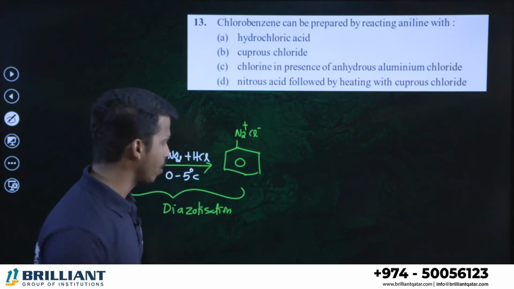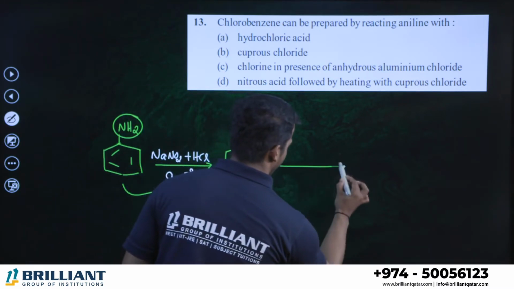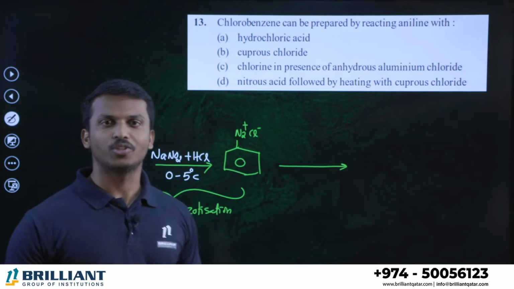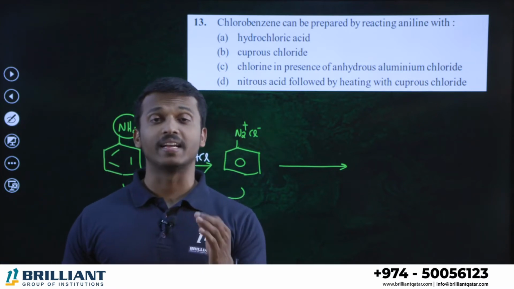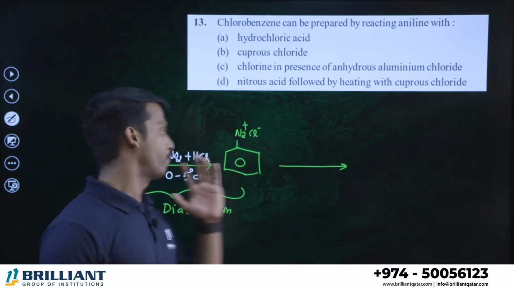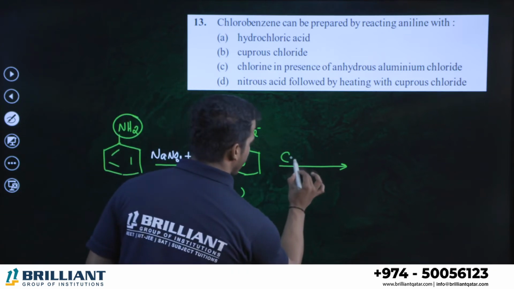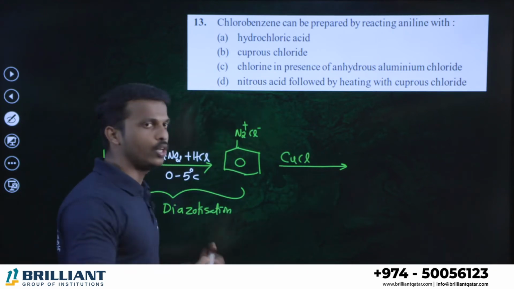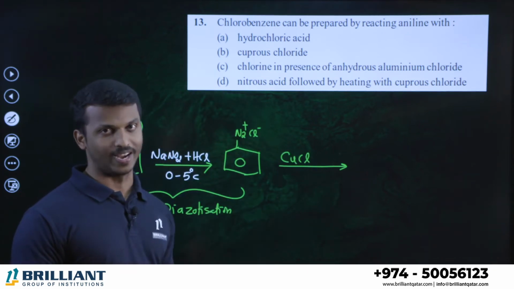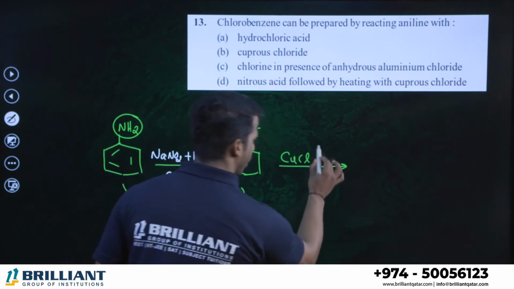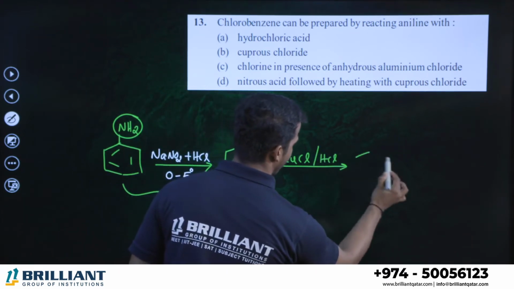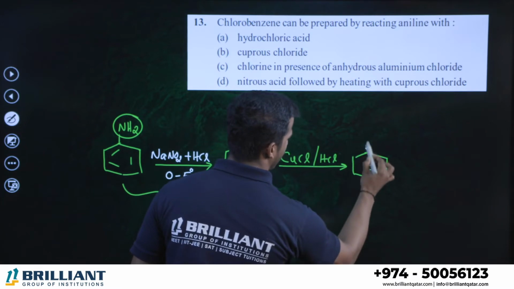Here we need chlorine. Okay, let's prepare. Two methods are there. You studied two very important reactions, Sandmeyer and Gattermann reaction. What is the Sandmeyer reaction? We are using CuCl or Cu2Cl2, cuprous chloride, with HCl. We will get chlorobenzene.